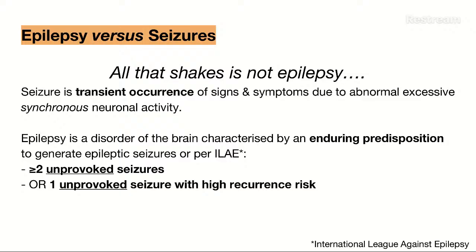The International League Against Epilepsy defines this as either 2 or more unprovoked seizures occurring more than 24 hours apart, or a single unprovoked seizure with a high probability of recurrence. This distinction is clinically important because a patient might experience a seizure due to an acute reversible event such as hypoglycemia or alcohol withdrawal without necessarily having epilepsy.